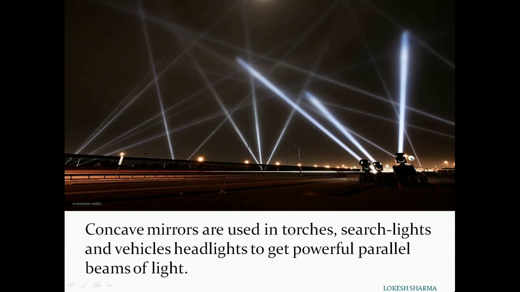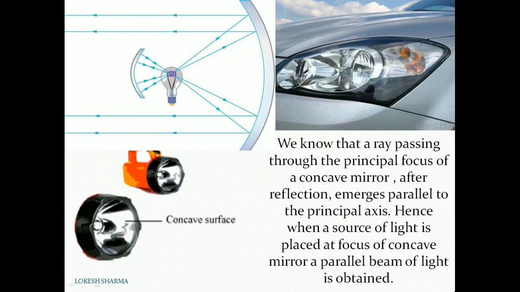Concave mirrors are used in torches, searchlights, and vehicle headlights to get a powerful parallel beam of light. You all have seen such lights in DJ parties, marriages, and fairs, etc. We all know that a ray passing through the principal focus of a concave mirror, after reflection, emerges parallel to the principal axis.